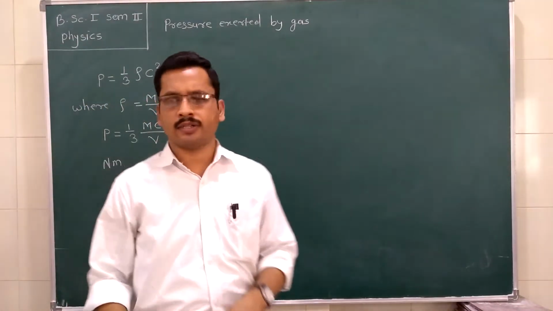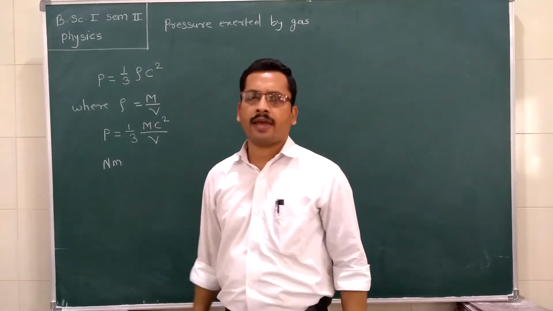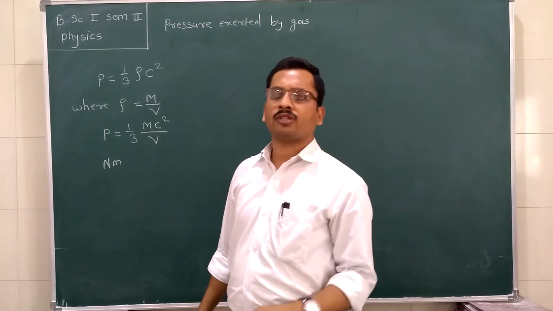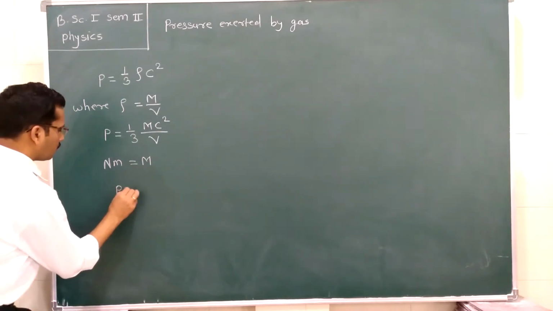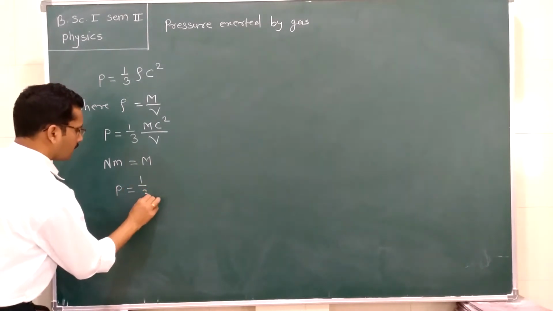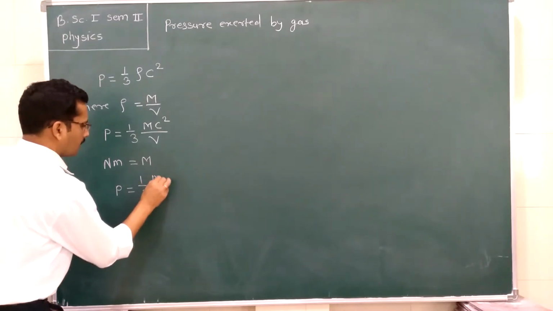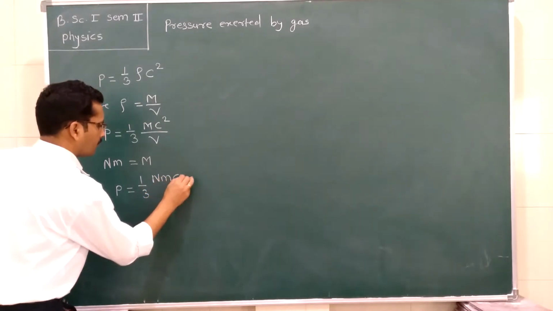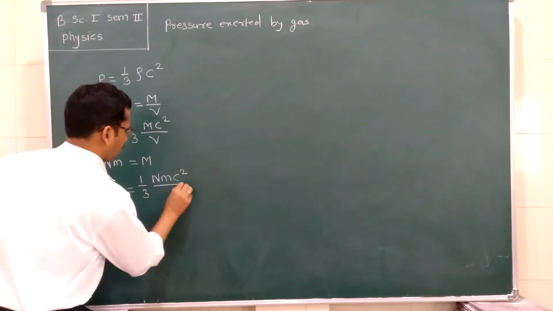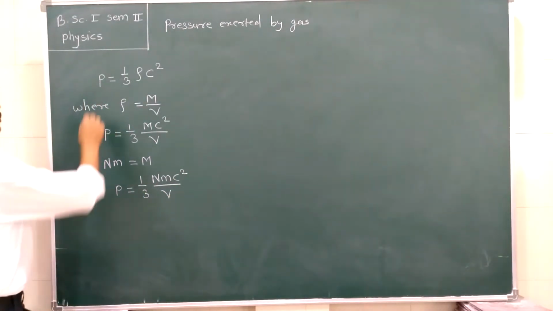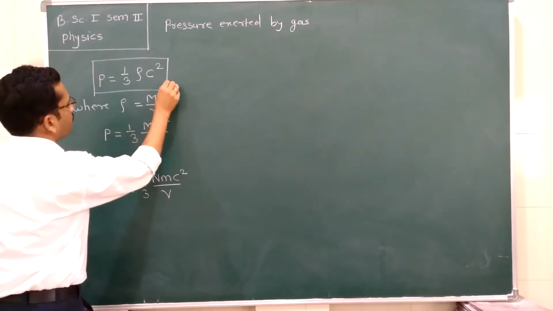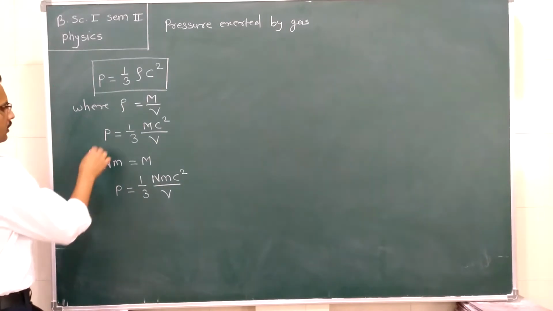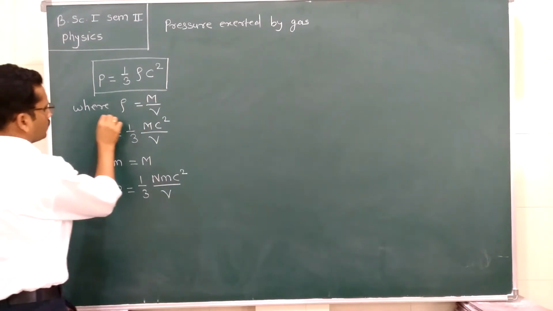So the product n multiplied by m is the total mass of the gas, which is equal to capital M. So we can also write the pressure P = 1/3 n m C² divided by V. The equation for the pressure can be written in different forms depending upon the values given to us.